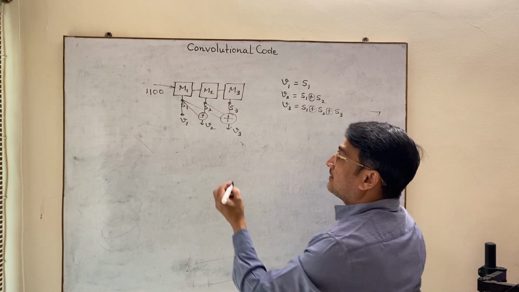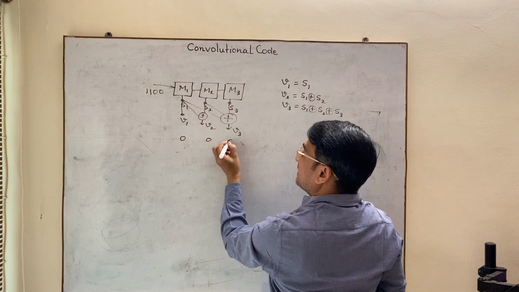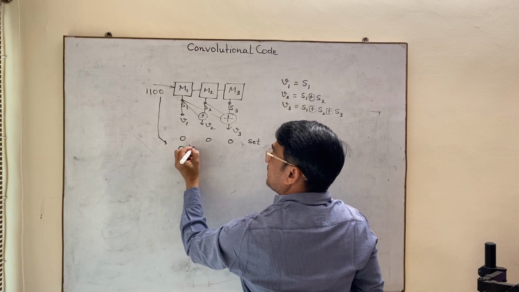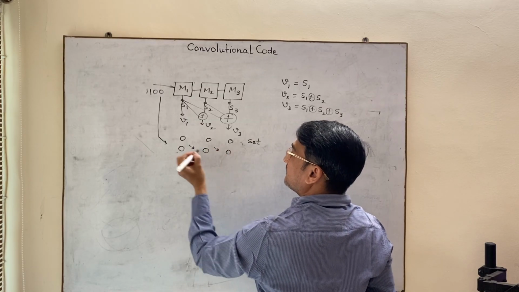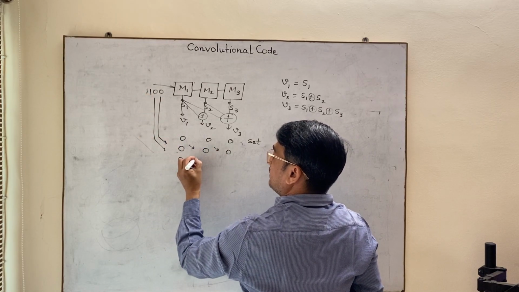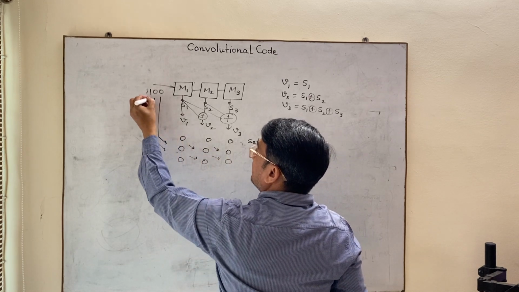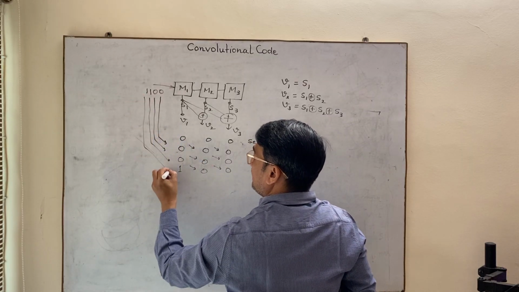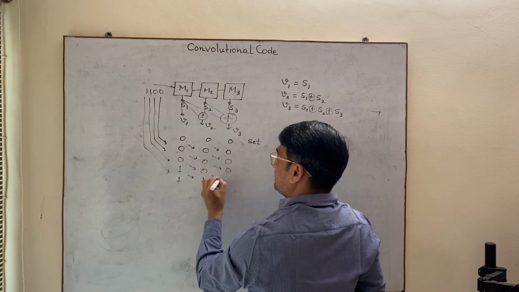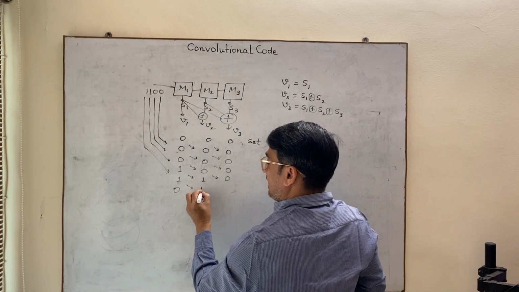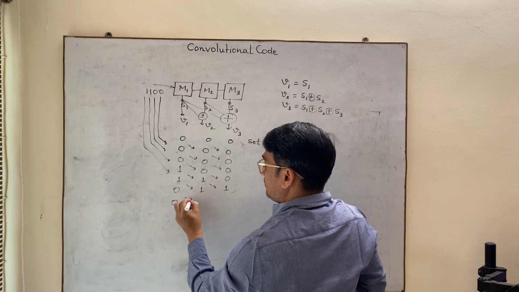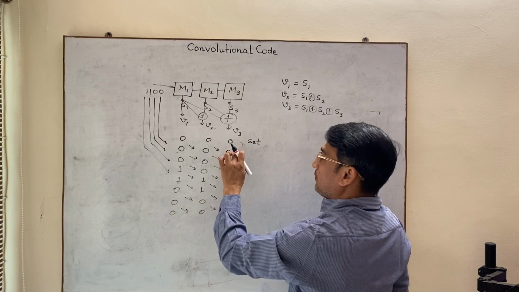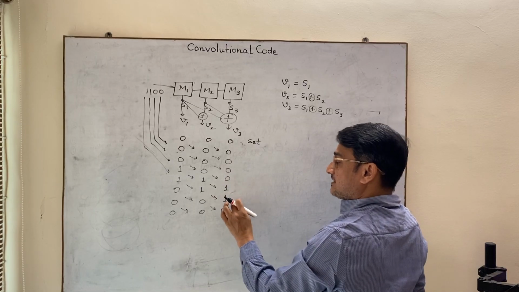Now let us start the operation. Initially the set condition is 0, 0, 0. Then this 0 will come to this place, this 0 will shift here, this 0 will shift here, then next 0, this 0 will come here, this 0 will come here, then 1, 0, 0, then finally 1, 1, 0, it will become 0, 1, 1, 0, 0, 1, 0, 0, 0. 1, 2, 3, 4, 5, 6, 7.